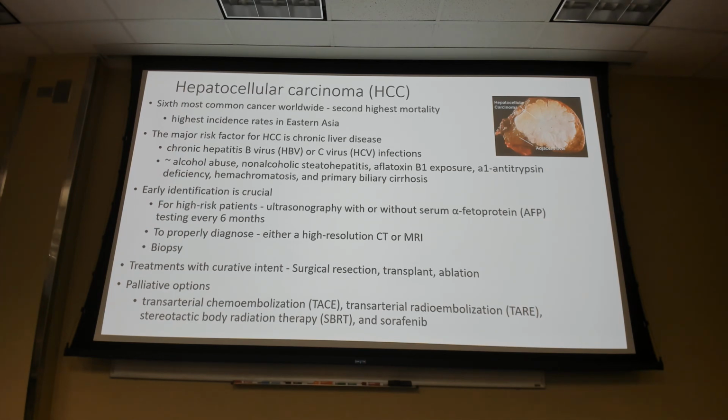What we like to do is stratify them on whether they're high risk. Anybody with Hep B or Hep C, we typically get an ultrasound every 6 months for screening. They may also get a serum alpha fetoprotein, which is a tumor marker that we also look at when we're screening babies in the fetus.